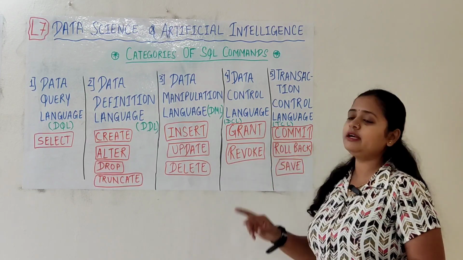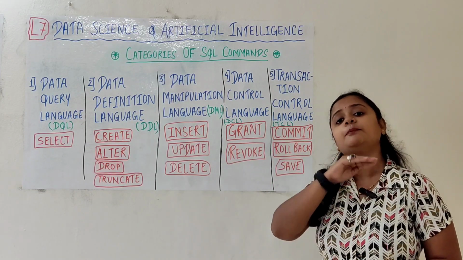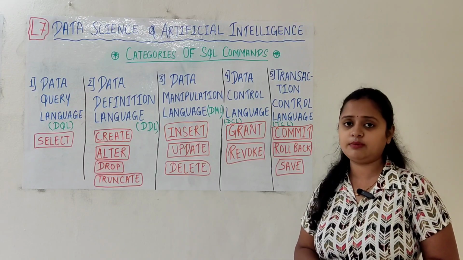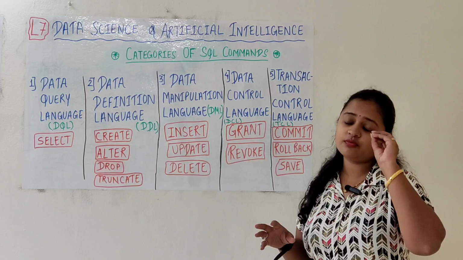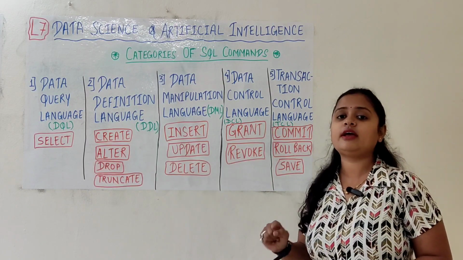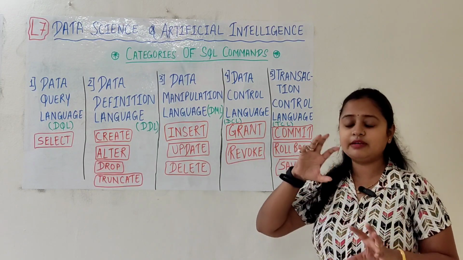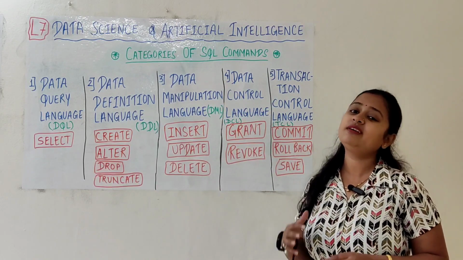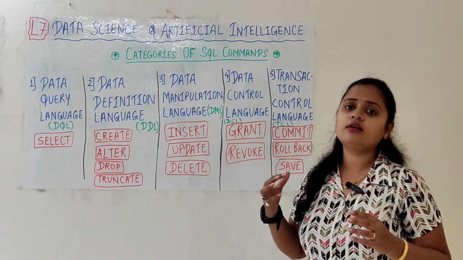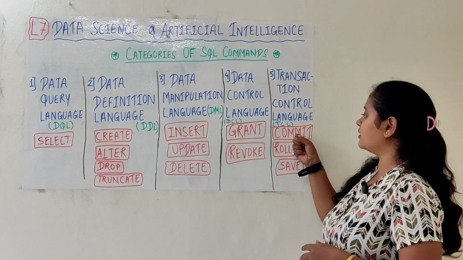When you commit, that data will be deleted permanently from your database, from the table, and it will not come back in any case. And if it is extreme and you want that data at any cost, then there are many different options available to get that data back, but it does not come back easily. So this comes under the commit option.